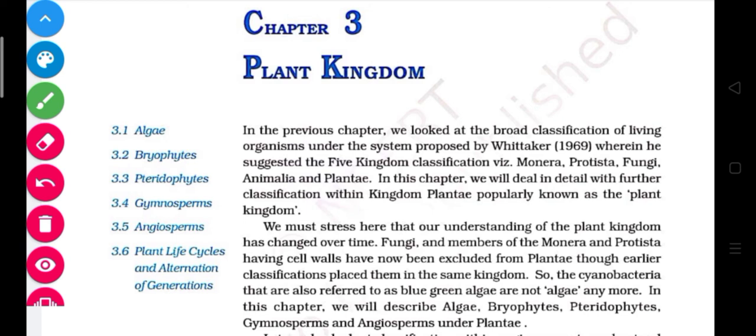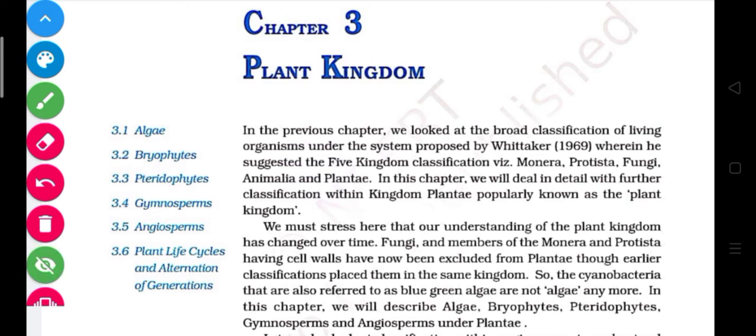Among these, the most accepted system is the 5 kingdom classification proposed by Robert H. Whittaker. He classified all the living organisms into 5 different kingdoms, namely Monera, Protista, Fungi, Animalia and Plantae. In this unit, we will study the plant kingdom.